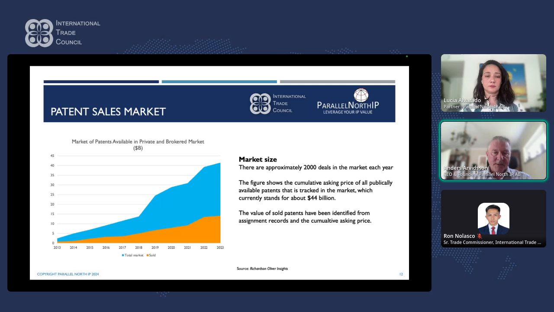The data has been collected from both brokers, but also from private deals that have been available. So during the time here, you can see that it has developed quite significantly in matter of pricing. So up to this year, we have about 44 billion US dollars in asking prices based on the patents that have been available on the market.